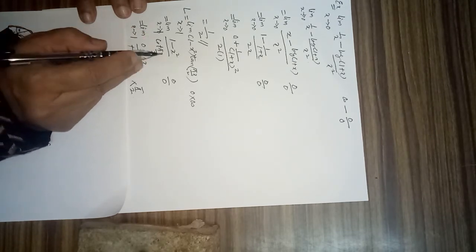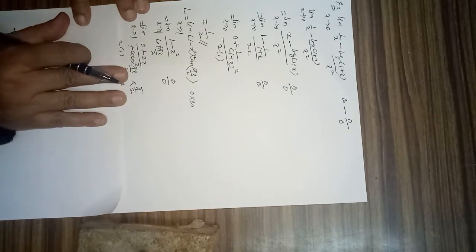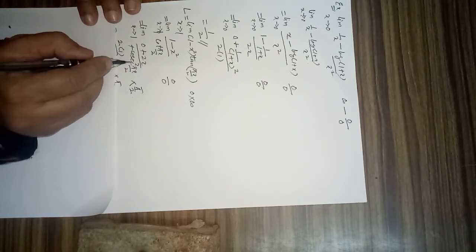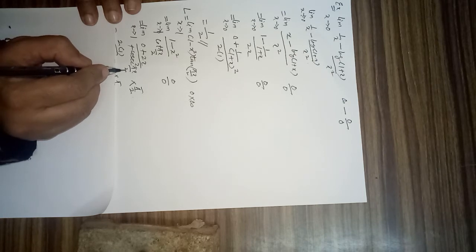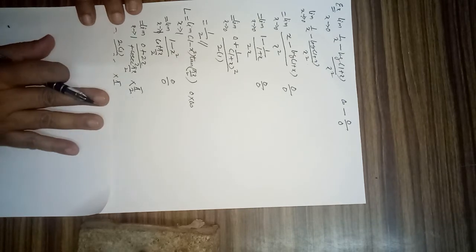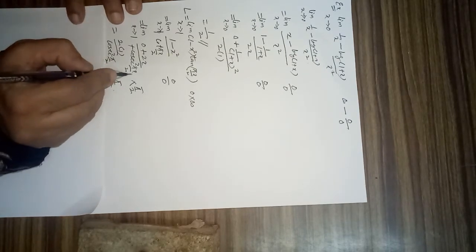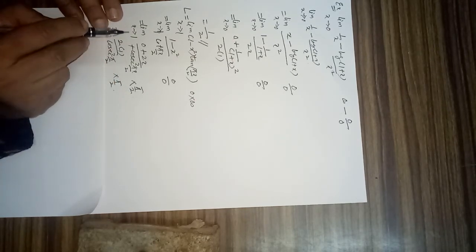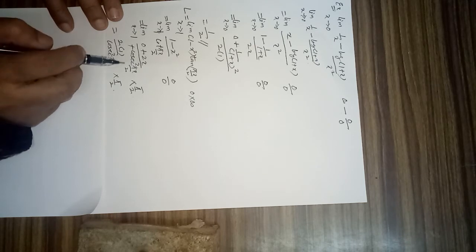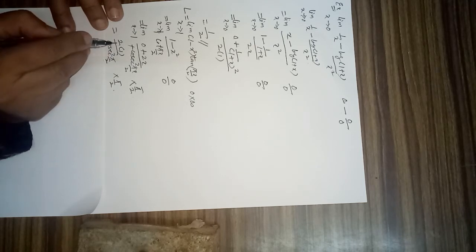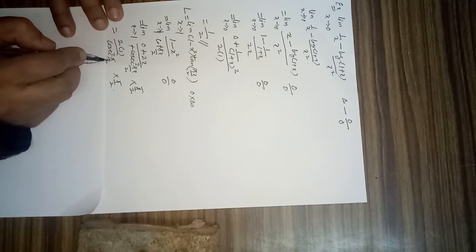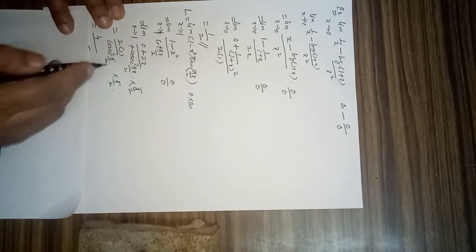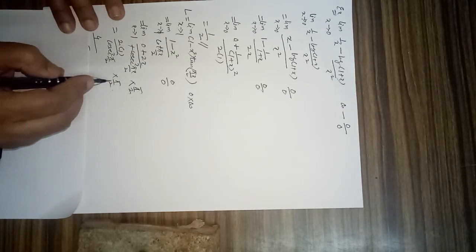The derivative of 1 is 0, x square is 2x, so minus 2x. The derivative of cot is minus cosec square pi x by 2 into pi by 2, because we have to consider its derivative also, that will be pi by 2. Now if you put x equal to 1, it will be 2 into 1 upon cosec square pi by 2, and this pi by 2 is there here.